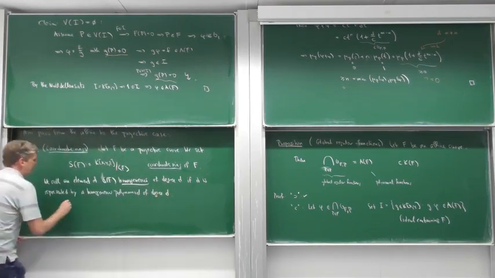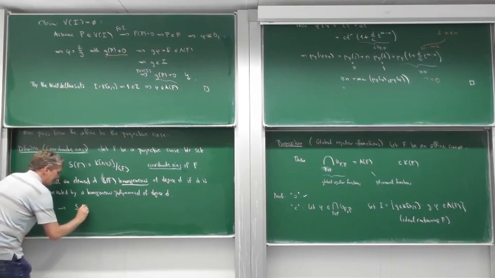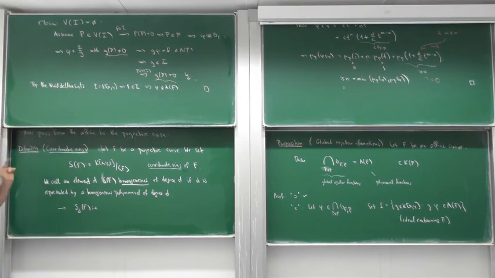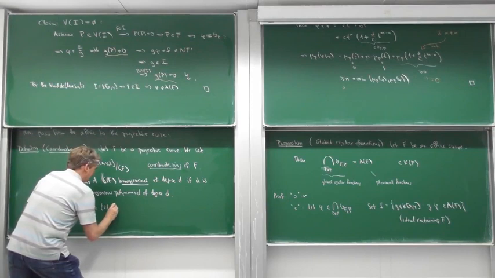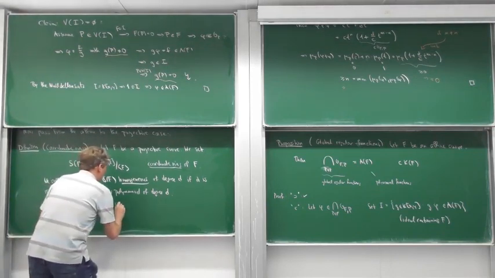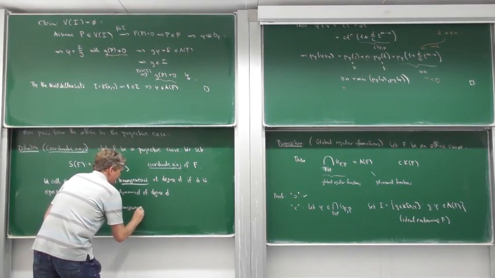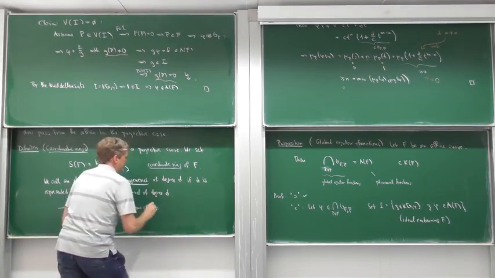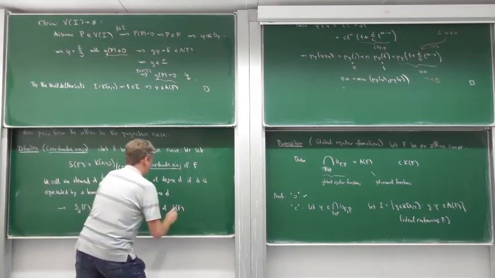And then we define the space S index d of F to be the space of all these homogeneous elements together with 0, so 0 together with all homogeneous elements of degree d of S of F.